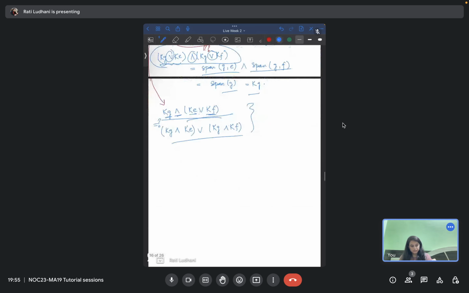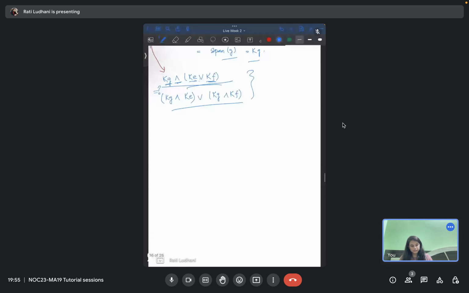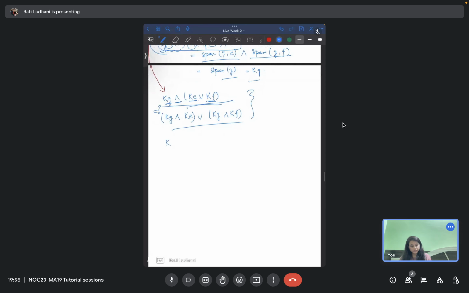Anyway, let us do that. We should actually calculate this value. Let's check what this value is. If this is equal to KG, then it is okay, but we have to check all the possibilities again. So KG meet KE, what will it be? Because G and E are independent, that should be just the zero vector space.